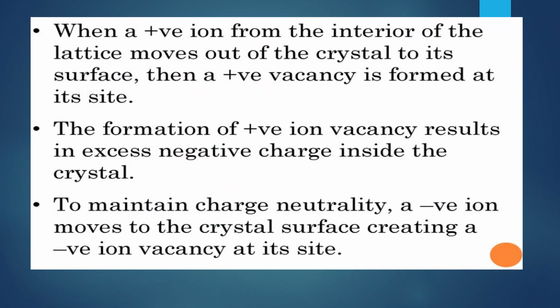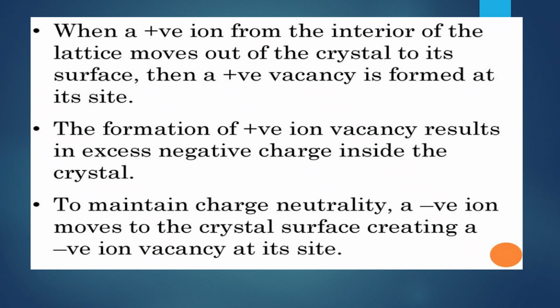When a positive ion from the interior of the lattice moves out of the crystal to its surface, then a positive ion vacancy is formed at its site. The formation of a positive ion vacancy results in excess negative charge inside the crystal.